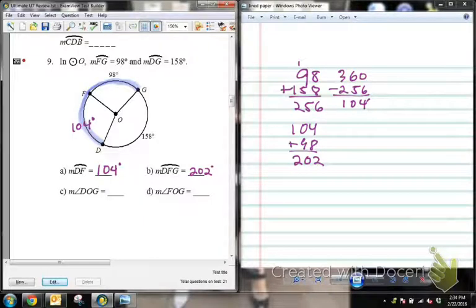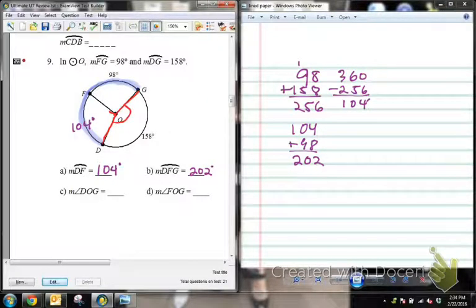Part C, now they ask for a different part, and look at this symbol. Remember, that means angle, so the measure of angle DOG. So now if I'm looking at angle DOG, I'm starting at D, going to O, and going all the way over to G, so it would be this angle right here.